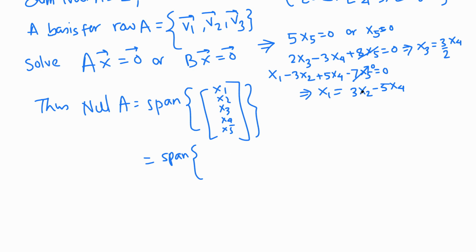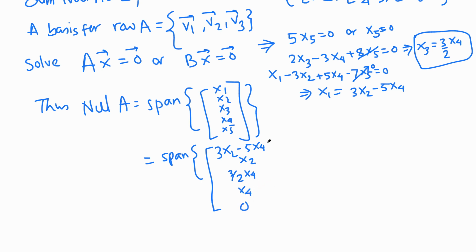That's 3x2 minus 5x4. x2 is free. Then x3 is 3/2 x4, x4 is free, x5 is 0, where x2 and x4 are arbitrary real numbers. If we find the span of this, then we get this null space.